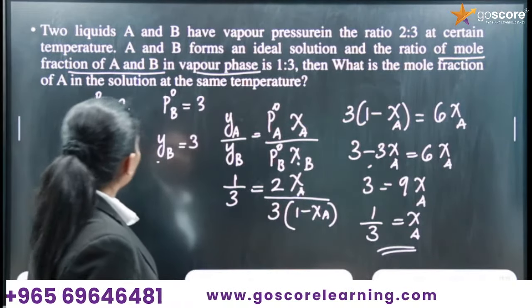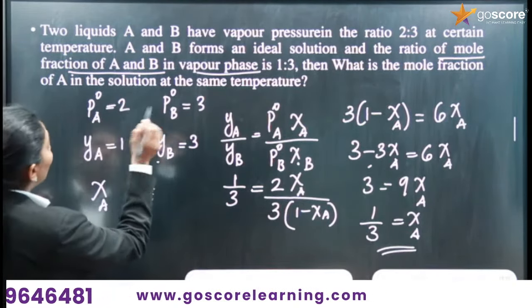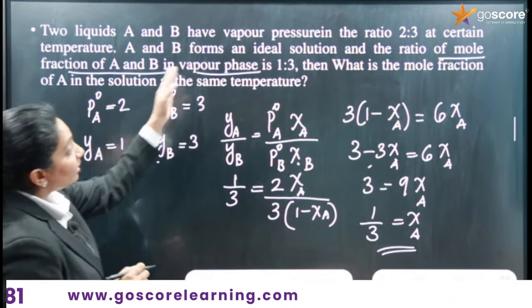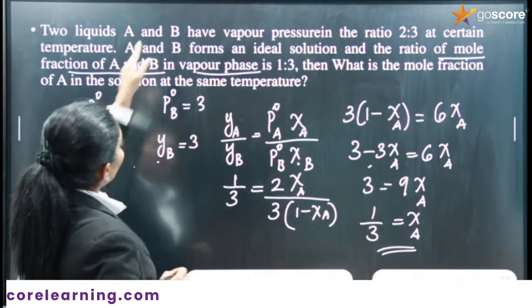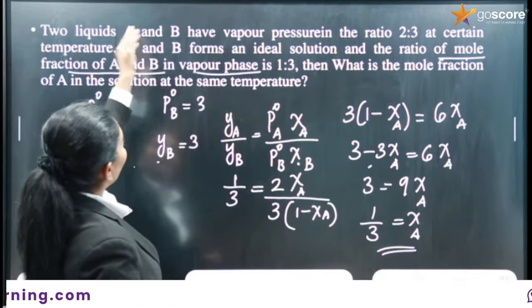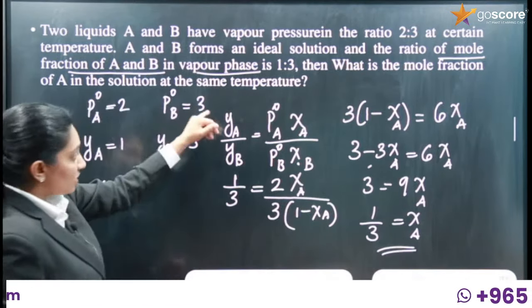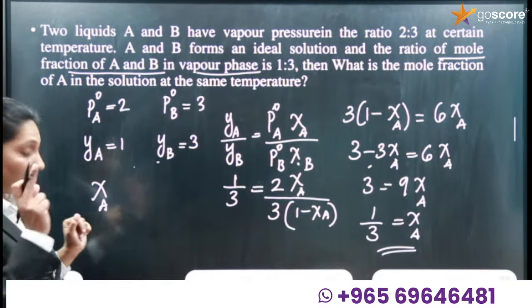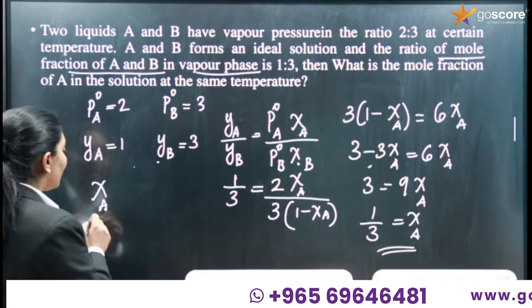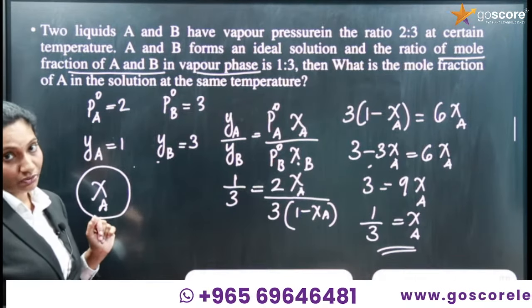So, if you are asking the question, it is given the mole fraction of A and B in the vapor phase. That's why we took the YA and YB, and the vapor pressure of the pure components A and B is given as 2:3. And what we want to find out is not the number of moles. I took it wrongly as number of moles. It is the mole fraction of A we want to find out, right?